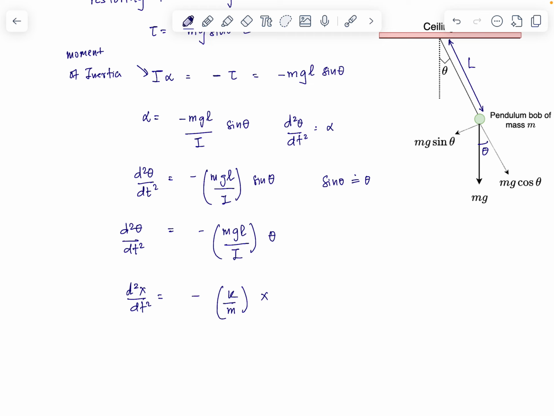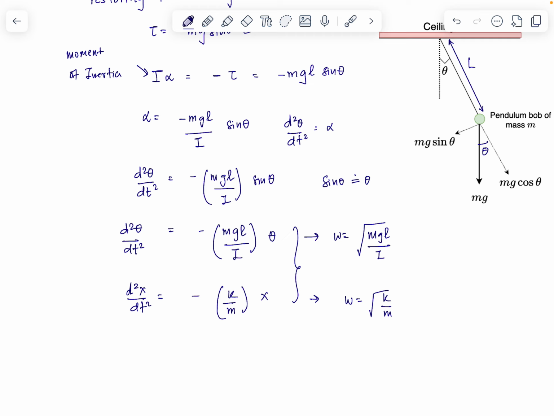Both these equations have the same structure. For the bottom equation, omega equals the square root of k over m, and in the top equation, omega equals the square root of mgL divided by I. So the equations are very similar.